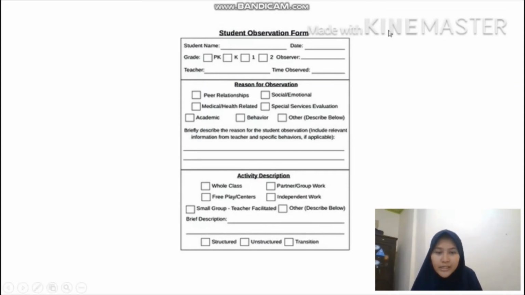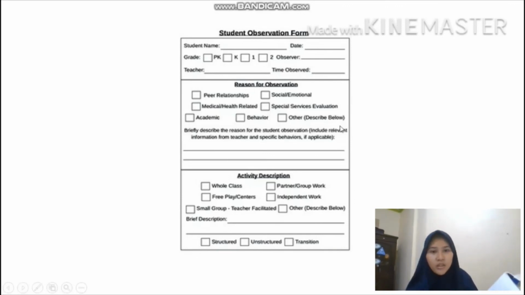Ini adalah bentuk dari checklist, bentuk lain dari yang ada di buku, yang ada di halaman 269 yang ini. Ini adalah bentuk lainnya dari checklist. To be honest, aku nggak terlalu ngerti ini maksudnya apa, jadi aku nge-research lagi tentang checklist, observation checklist untuk form observation.